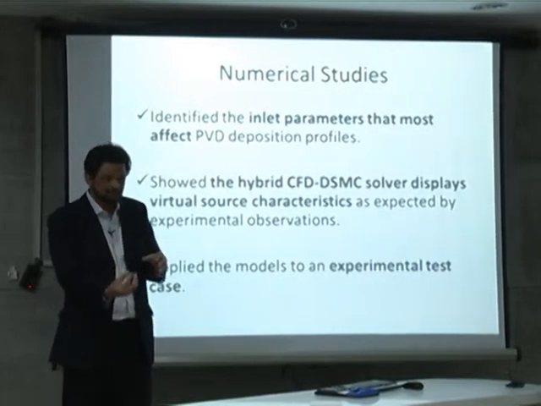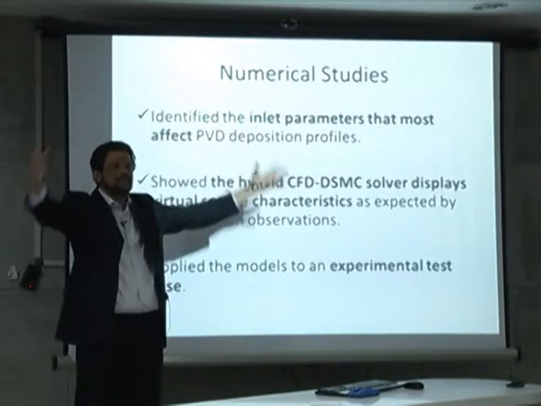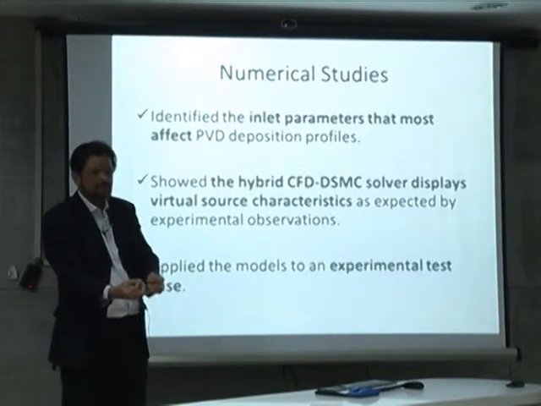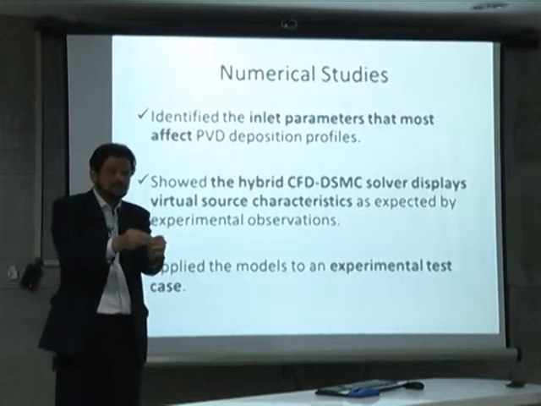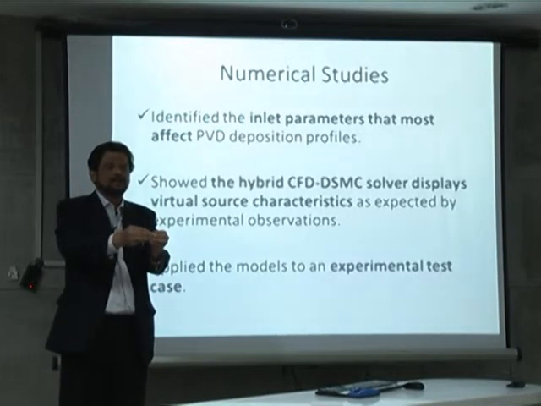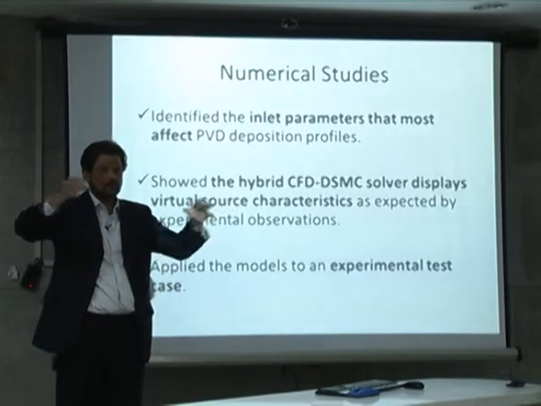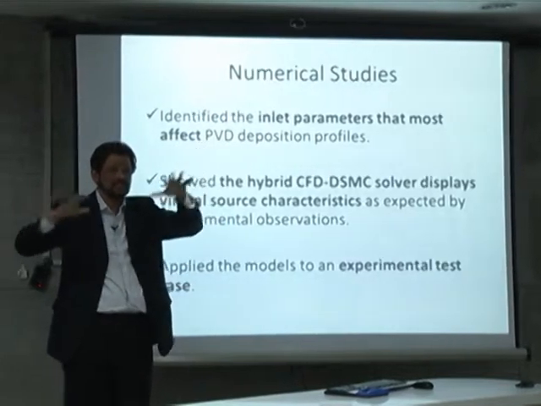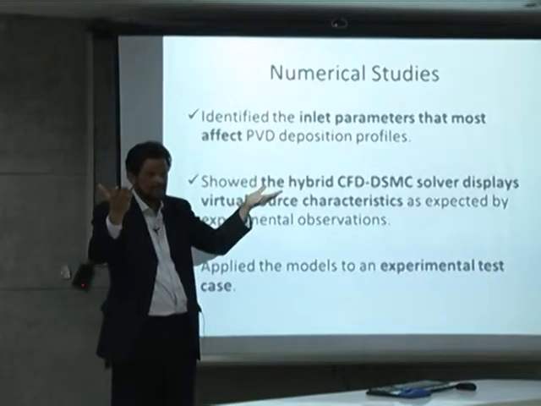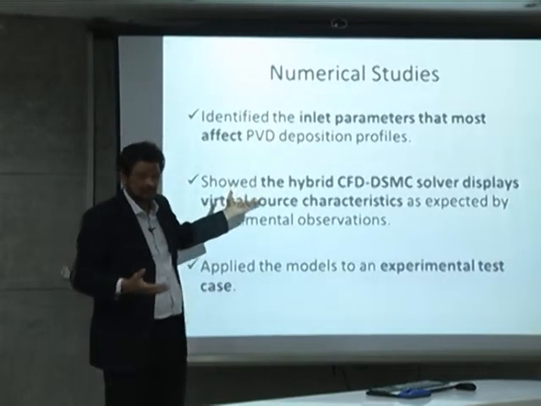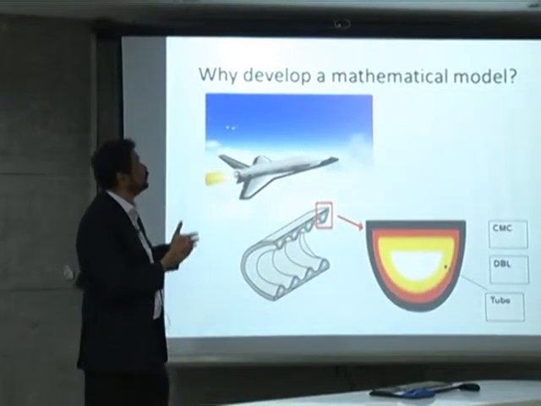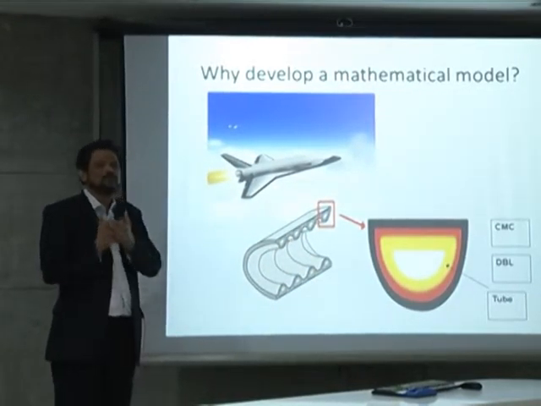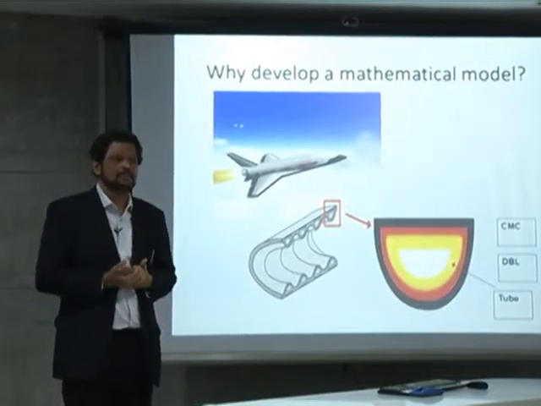That is, if this is a chamber and it is the source where the material is coming from, it is as if there is an imaginary source somewhere above that where mass is coming from and is going in all directions, and you can prove this. Going back to the application, why do we do this mathematical model? Why do we go through all this trouble?